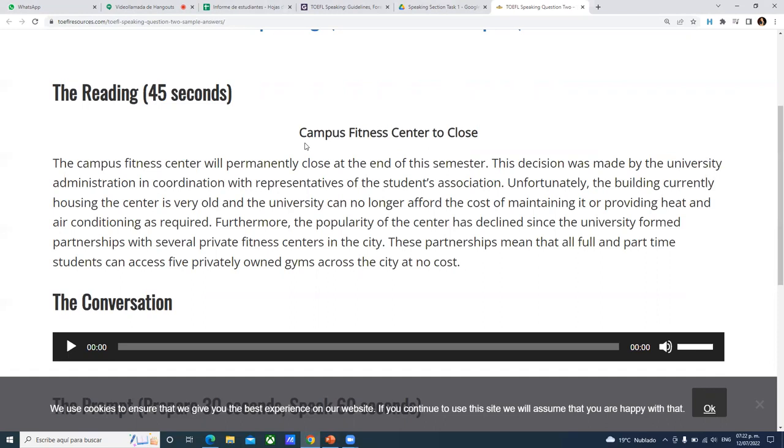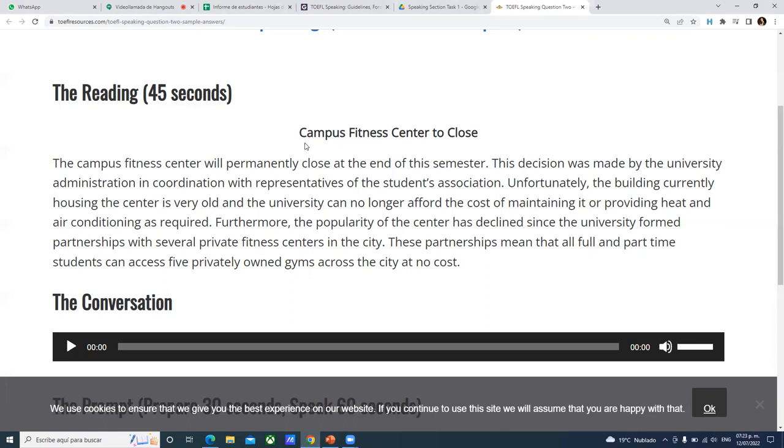Unfortunately, the building currently housing the center is very old, and the university can no longer afford the cost of maintaining it or providing heat and air conditioning as required. Furthermore, the popularity of the center has declined since the university formed partnerships with several private fitness centers in the city.